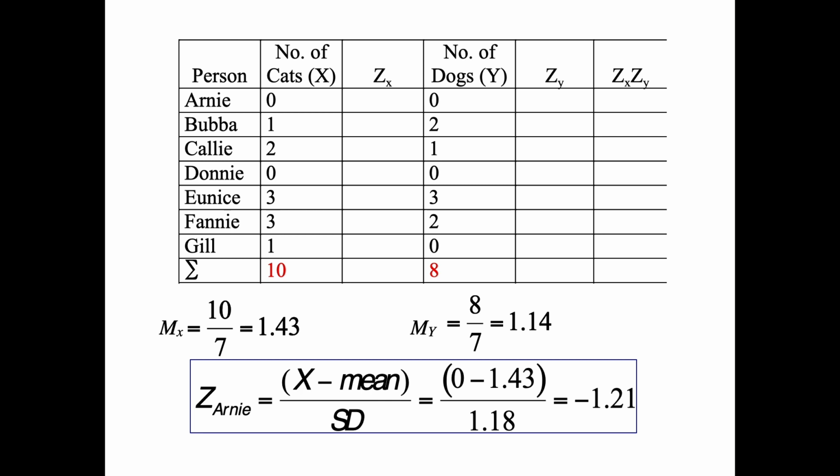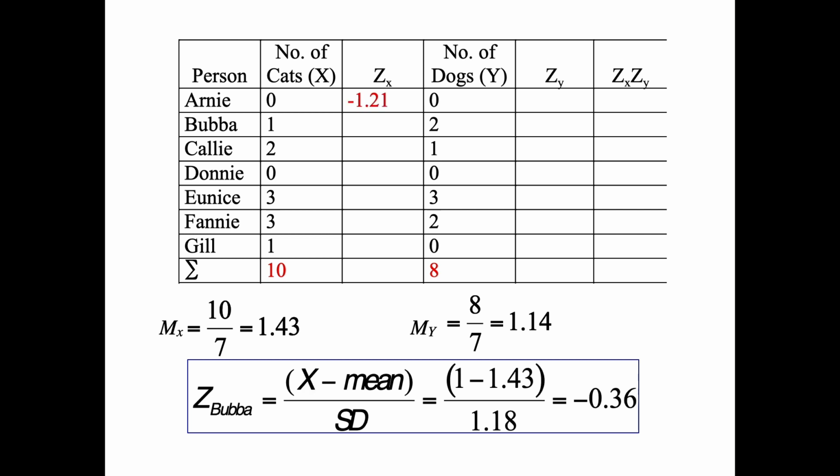You would actually need to calculate the standard deviation as well to do this. So you don't want the s, that's the n minus 1 version. You want the n version of the standard deviation. So it's 0 minus 1.43 over 1.18. I've given the standard deviation here as 1.18. And that gives me Arnie's z-score, which is minus 1.21. So I plug that in, minus 1.21.